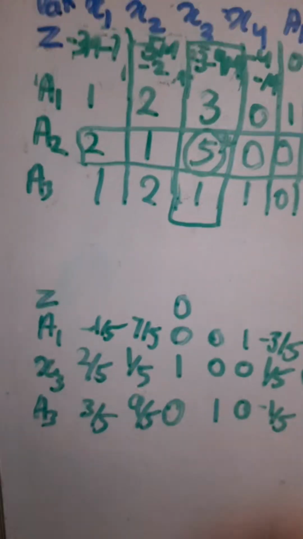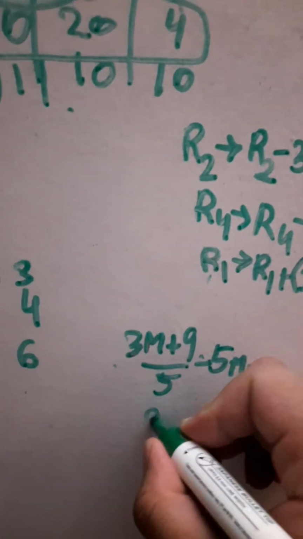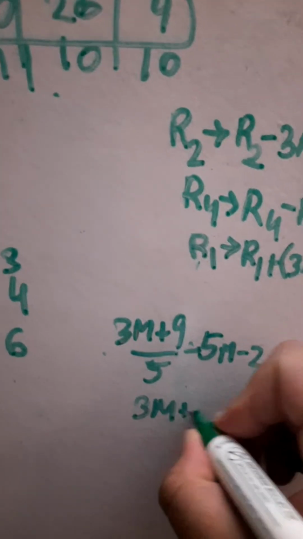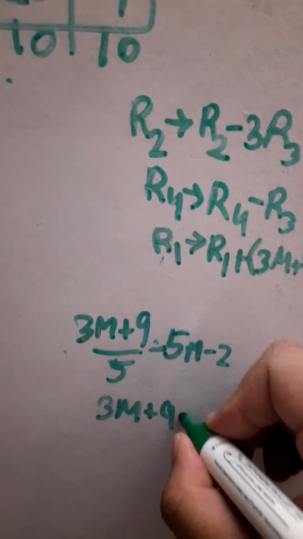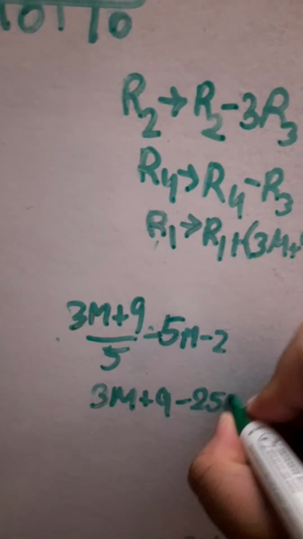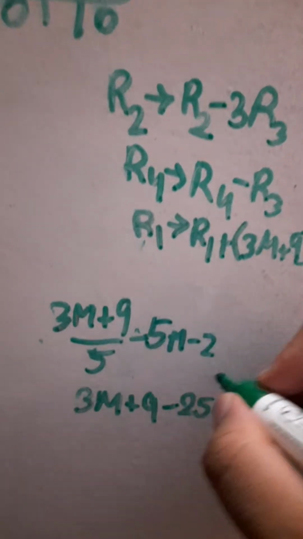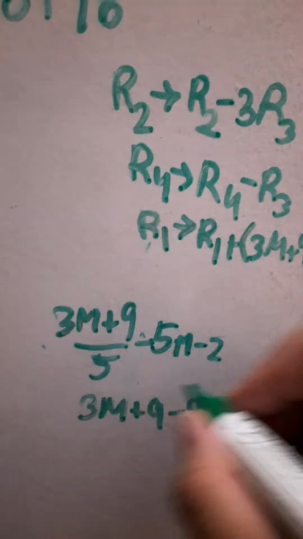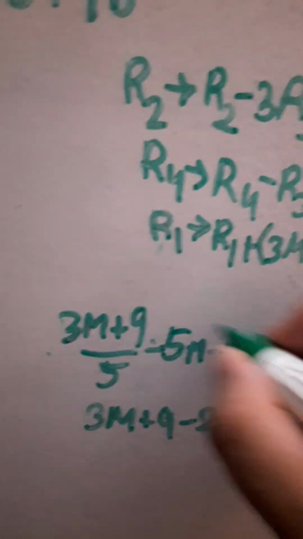Okay, yeah. Now this would multiply here, 3m plus 9 minus 25m. This 5 would be multiplied by the whole, because whole is a whole number, right?